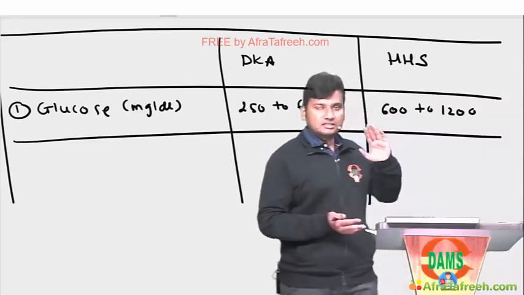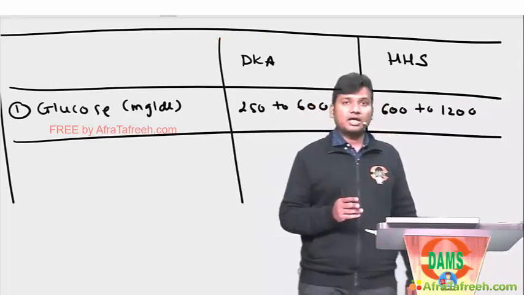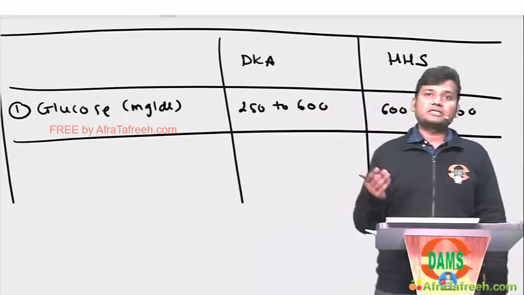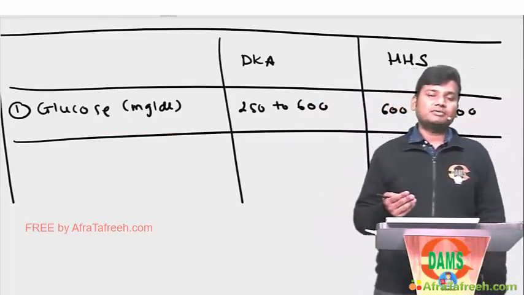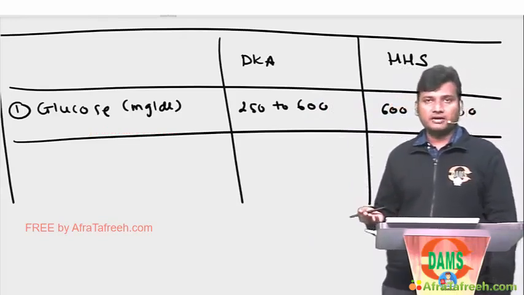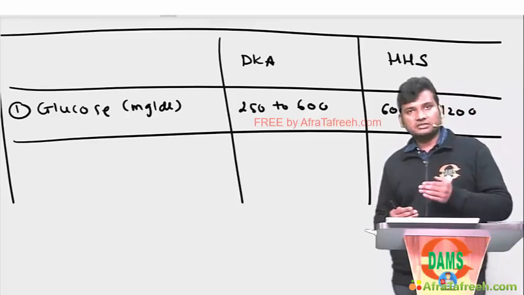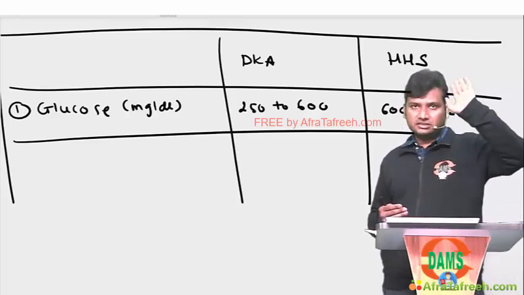And in patients of HHS, the patient is a case of type 2 diabetes, an elder patient not coming to the doctor because the patient is not having any serious symptoms. The patient is having only polyuria, polydipsia. So the patient is not coming to us in early stage. The patient will come to us in late stage after sugar crosses 600.